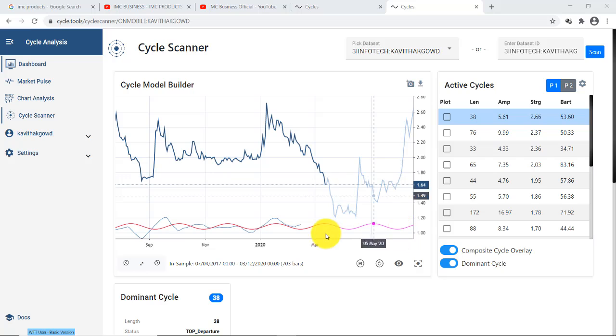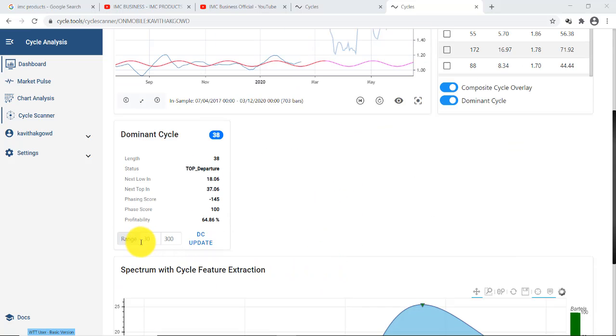Here this pink line is the combination of both the long term and short term cycle. The short term cycle is for 30 days, whereas the long term cycle is for 300.